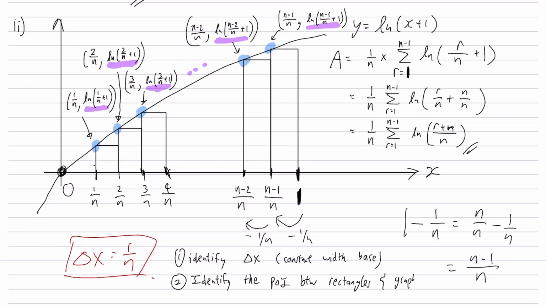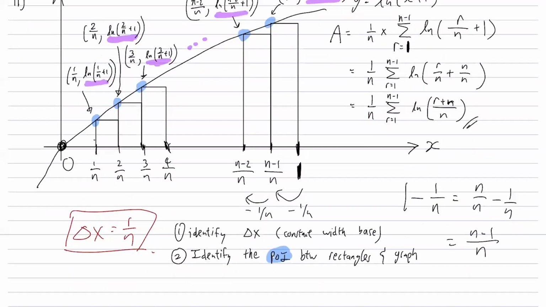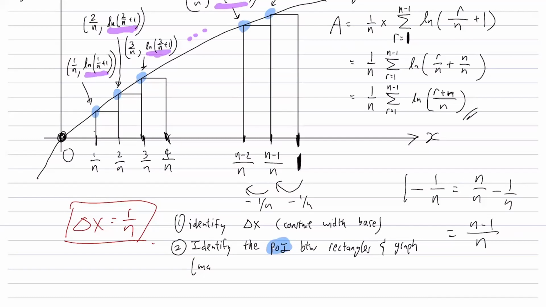In this case, the intersection I have identified is the blue color. All those points of intersection, right? These points. Identify them. Sometimes it may be left endpoint, sometimes it may be top left or top right corner of a rectangle. Okay, it depends on the question.